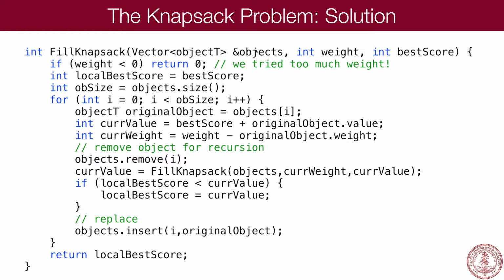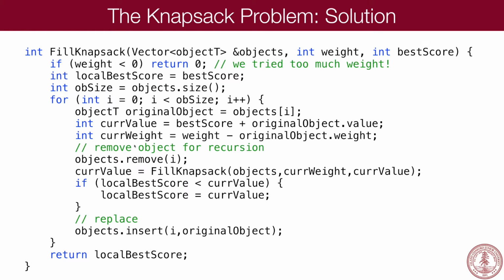So here's the idea. An initial base case, well, let's look at it in general. Basically, we're doing a base case, we are keeping track of some scores from the object that we're checking, and then we are looping through all the objects and making a recursive call.